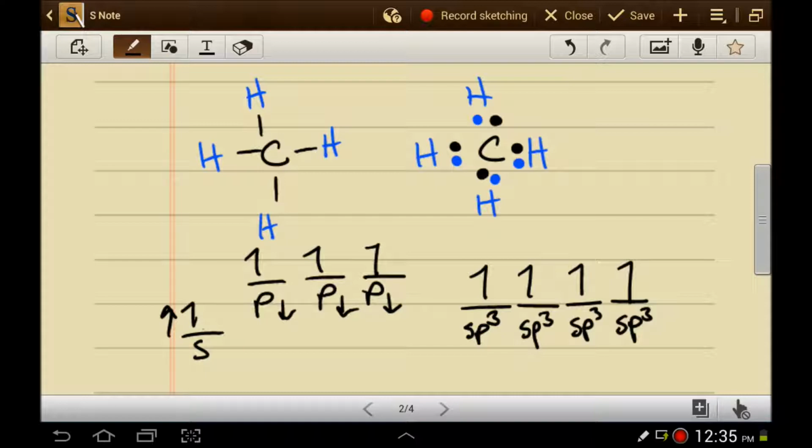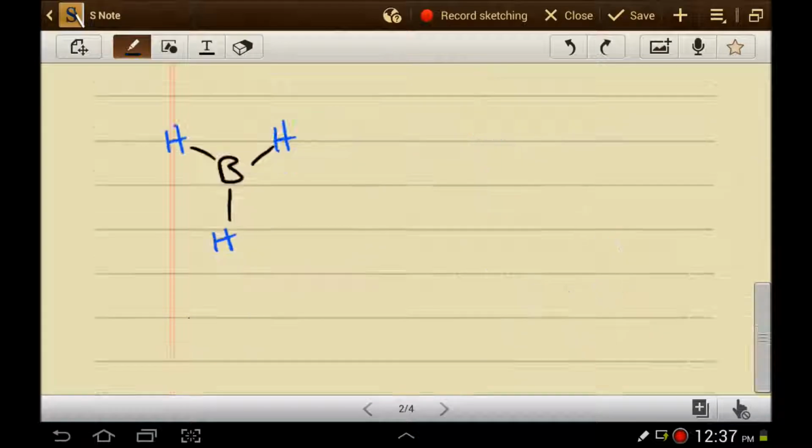So it can have 4 equal energy electrons to get ready to bond to the 4 hydrogen atoms. So the carbon averages its orbitals so that when hydrogen comes in to bond, it can form 4 equal energy bonds with the hydrogen.